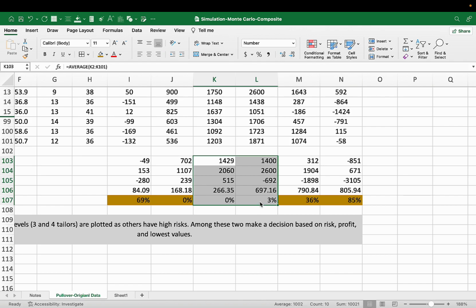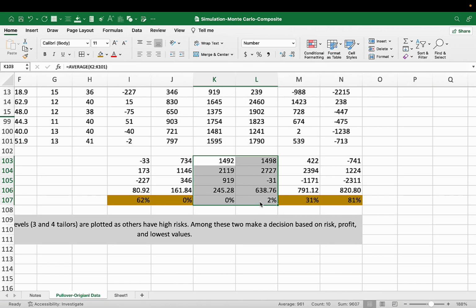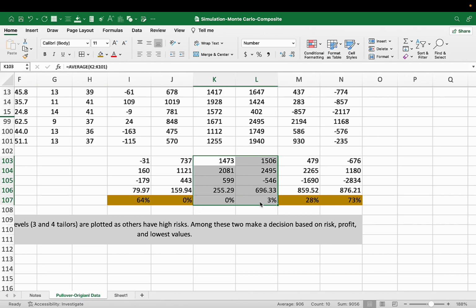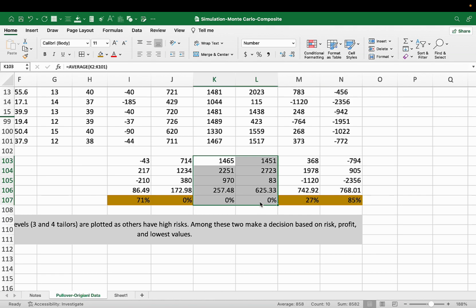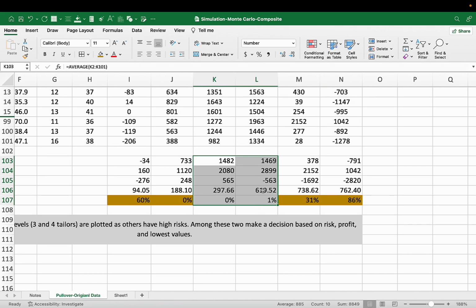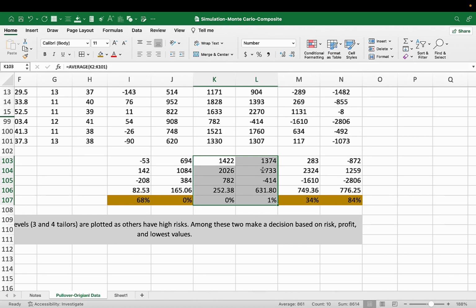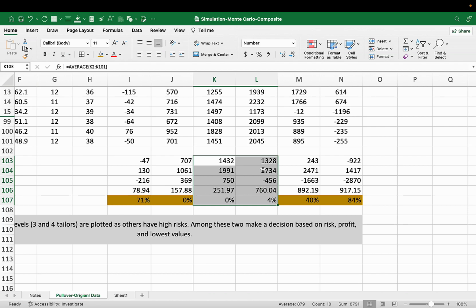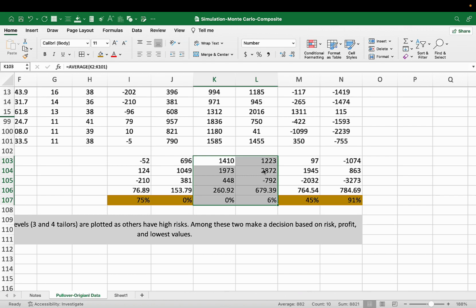So it looks like in most of the cases F3 has more profit and risk remains 0, compared to F4, which although in some cases has more profit, the risk also remains. For example, sometimes it's 4, 5 or 1, or here it's even 6.